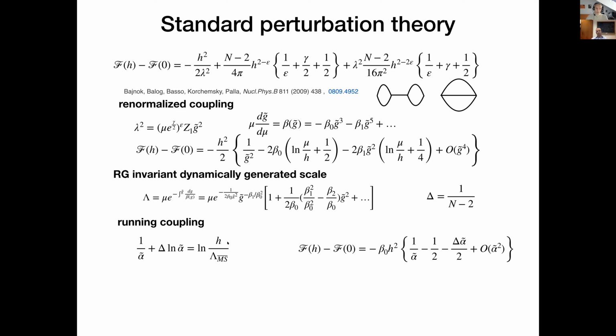In the MS bar scheme, you can introduce the expansion parameter in terms of the logarithm of this magnetic field divided by this dynamically generated scale. So you can introduce a running coupling constant alpha tilde by this relation. And what is nice about this coupling constant is that if you calculate the free energy density, it's basically a power expansion, no log, nothing else, in this alpha tilde quantity.